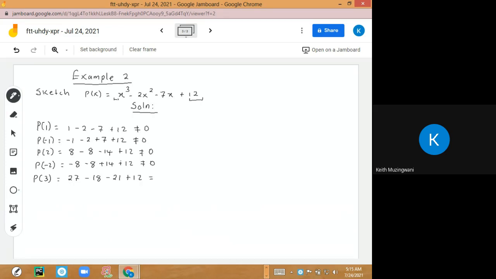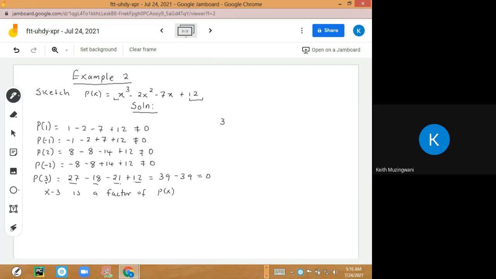This guy looks like we are getting 39 if you add 27 plus 12, minus 39 if you add 21 and 18, giving us a 0. So we have found one number that gives us a 0. So we know that since the number is positive, x minus 3 is a factor of p of x.